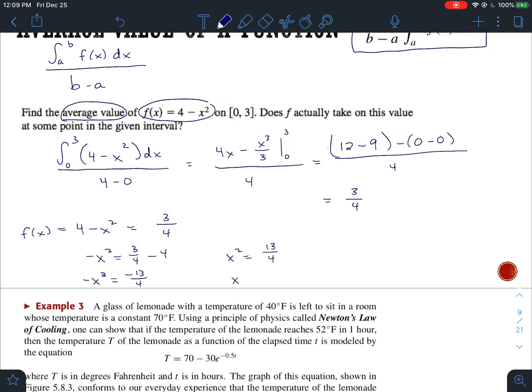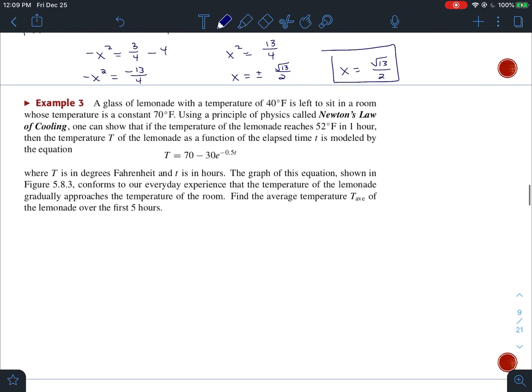And so x squared equals 13/4, and x is going to equal plus or minus the square root of 13 over 2. If we just want it on the interval 0 to 3, the x value would be the square root of 13 over 2. And so yes, that function actually takes on that average value of 3/4 on the interval. That idea is actually going to be the mean value theorem for integrals.